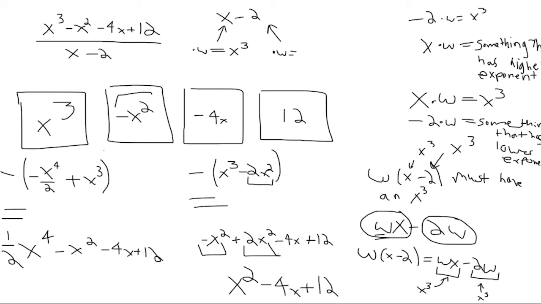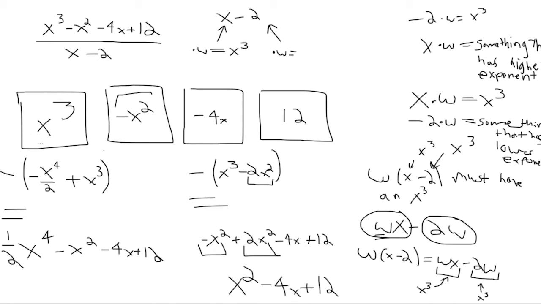So just again, we always multiply by the term with the higher exponent. We choose the term with the higher exponent to be the thing that w in this case has to multiply by to equal whatever we want to get rid of.